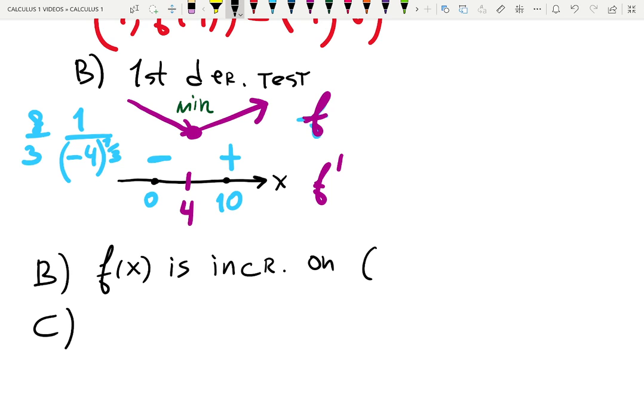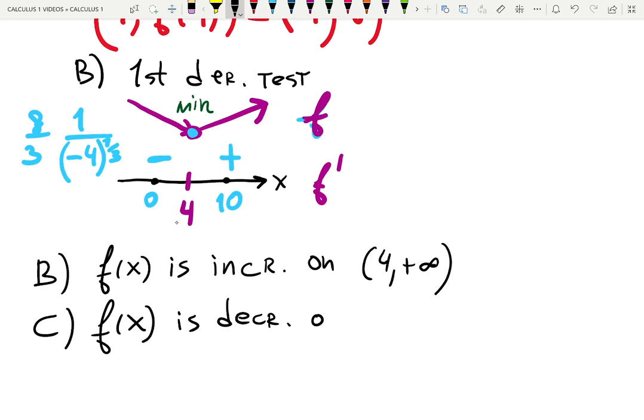Increasing on 4 to plus infinity. Don't include 4 because at 4 the function is neither increasing nor decreasing. Remember that. The derivative at 4 is 0. So the original function is not increasing nor decreasing there. And then the original function is decreasing on negative infinity to 4, like so.